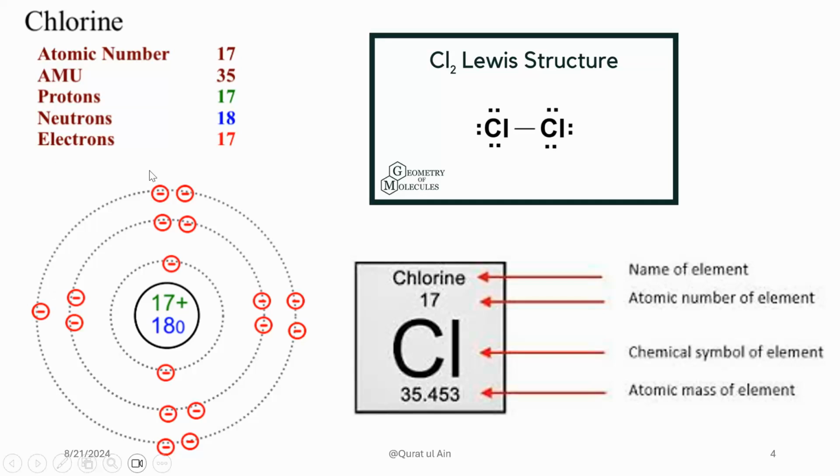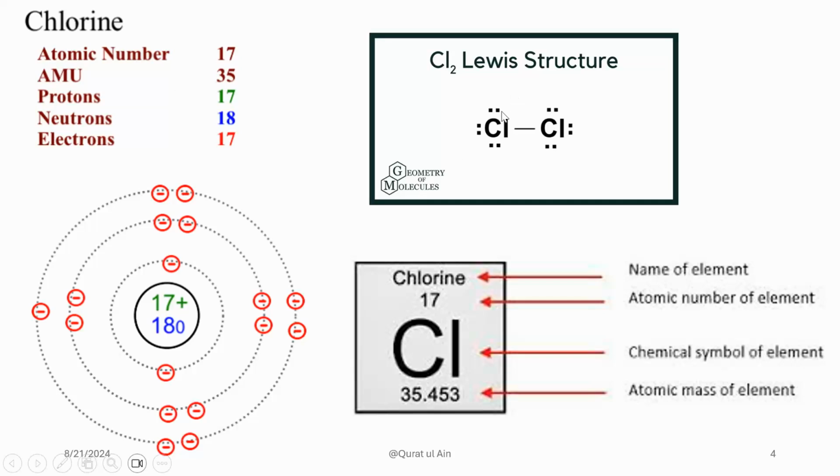Once these atoms make a chlorine molecule, how will the chlorine molecule be formed? Two chlorine atoms come closer to each other, and the unpaired electron in the outer shell of each chlorine atom is involved in the bonding, making a single bond.